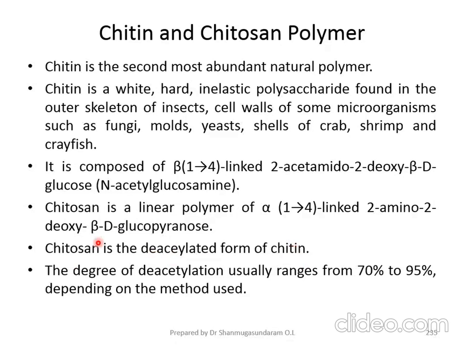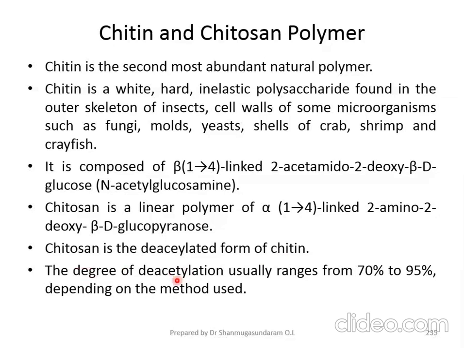So that you can call the degree of deacetylation. Degree of deacetylation means what percentage of acetyl group has been removed; that indicates the degree of deacetylation. Suppose you are removing 50% of the acetyl group present in chitin, then you can call it 50% degree of deacetylation.